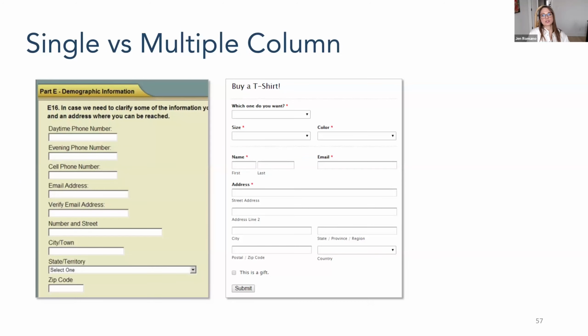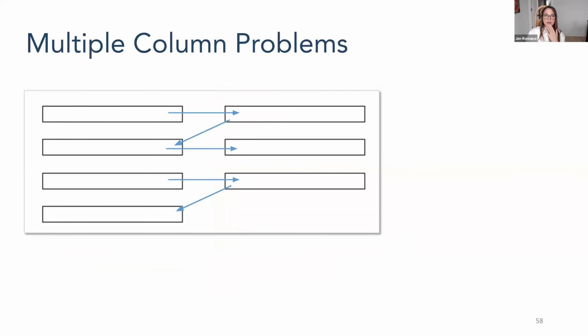And then what about single versus multiple column? Which one do you think is better, single or multiple? Now, designers often are tempted to use a multiple column format, like what we're seeing over here, where you've got some on this side, because it saves space, but it's not always the most usable. And of course, sometimes it is, but not always.